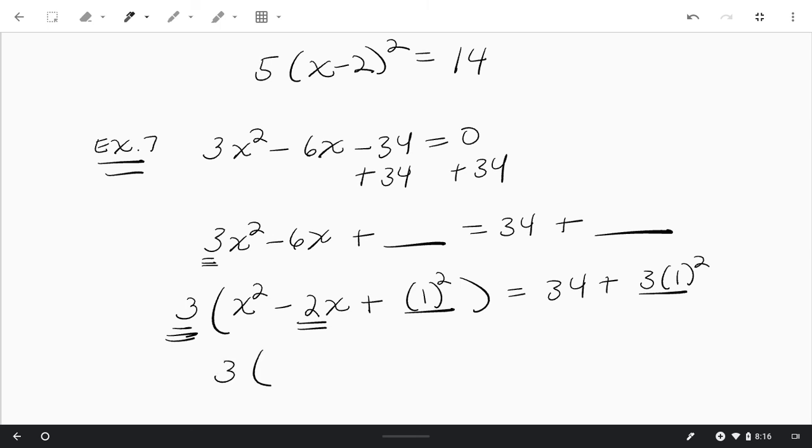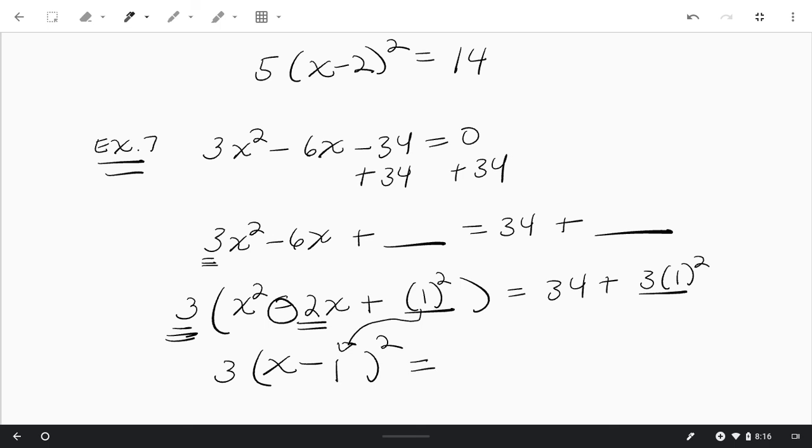So this left-hand side will factor out to a binomial squared, and it's going to be x, I use this sign, minus, and I use the number inside here, which is 1.